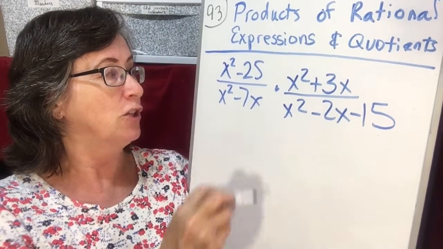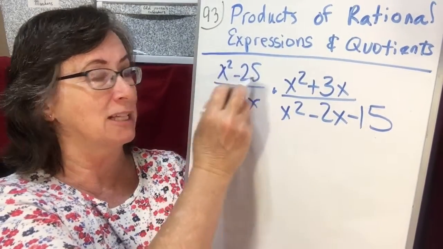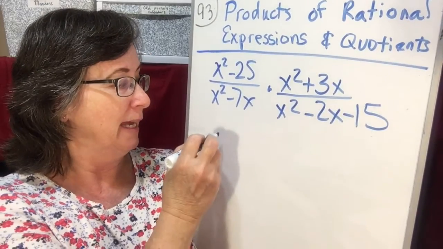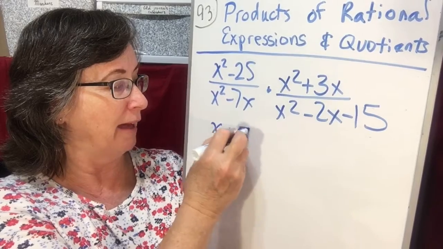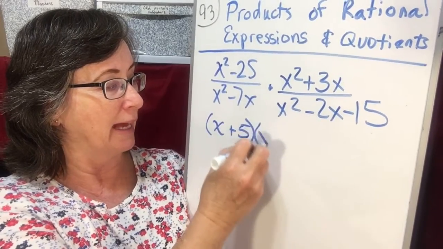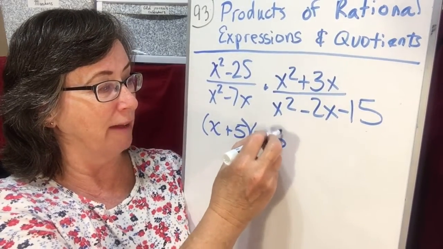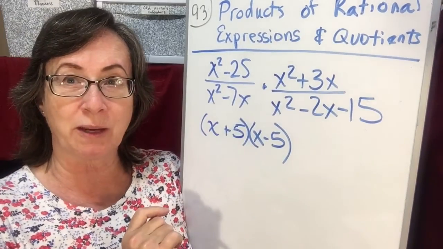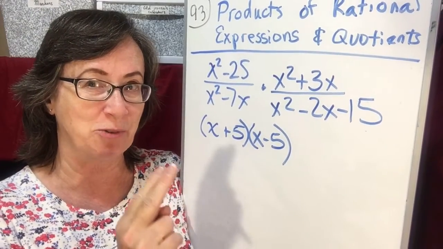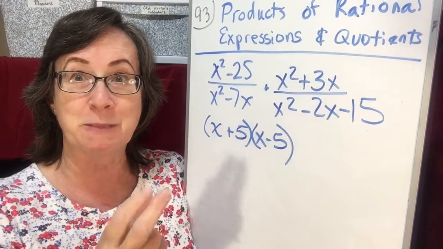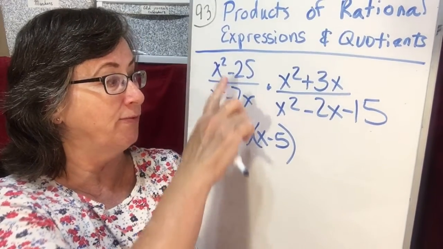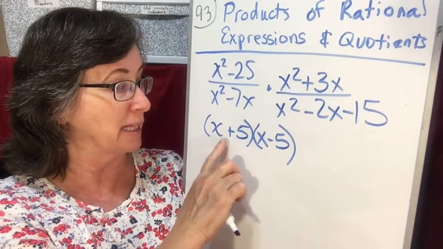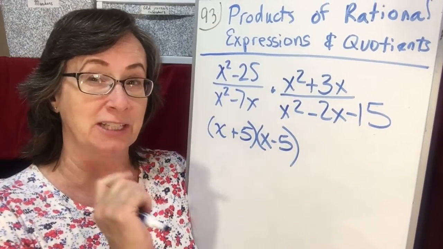All right? So we're going to take x squared minus 25, and we're going to say that is x plus 5, x minus 5. Remember, x squared minus 25 is a difference of two squares. It's one of those special factors we talked about, and it will always factor into conjugates, x plus 5, x minus 5. Now let's check it.